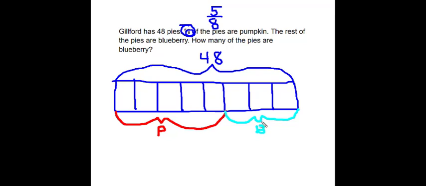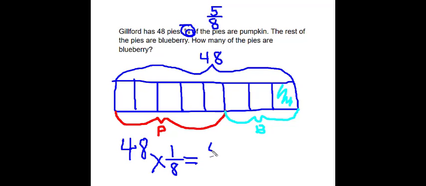And we're trying to find out how many pies are blueberries, so it'd be a good idea if we just figured out how much 1 was. Okay? So to figure out how much 1 pie is, how many pies are in 1, let's just multiply 48 times 1 unit, which is 1/8.